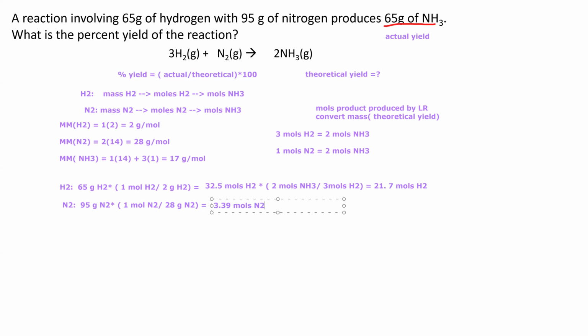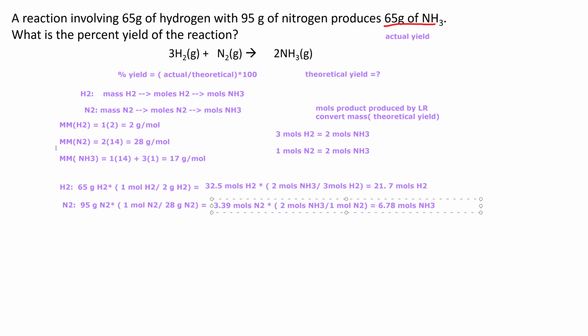I'm going to use the mole ratio to convert it to moles of ammonia, keeping in mind that since we're starting with N2 in our mole ratio, nitrogen will go on the bottom, ammonia will go on top. We get 6.78 moles of NH3.